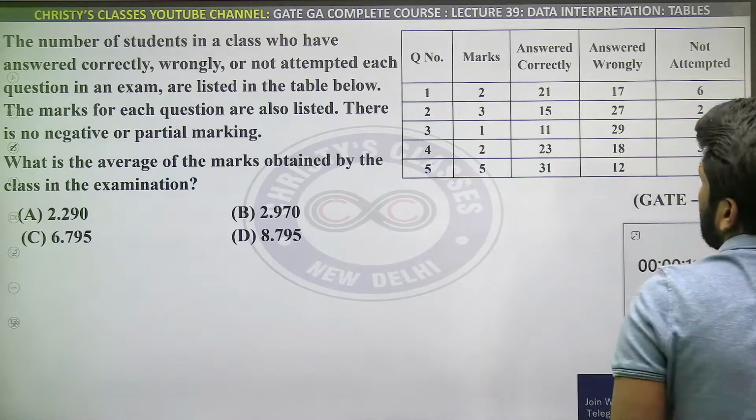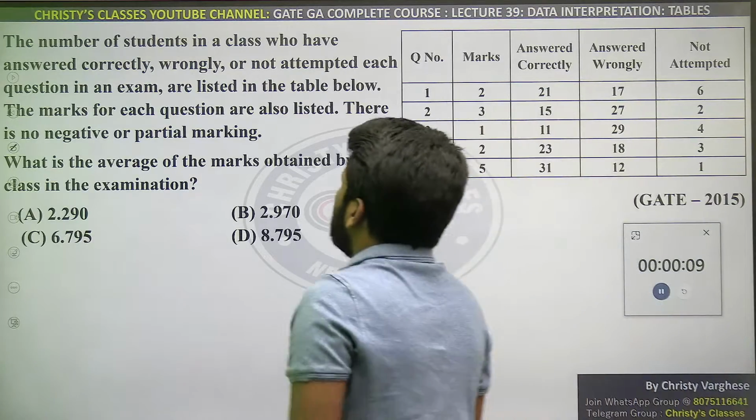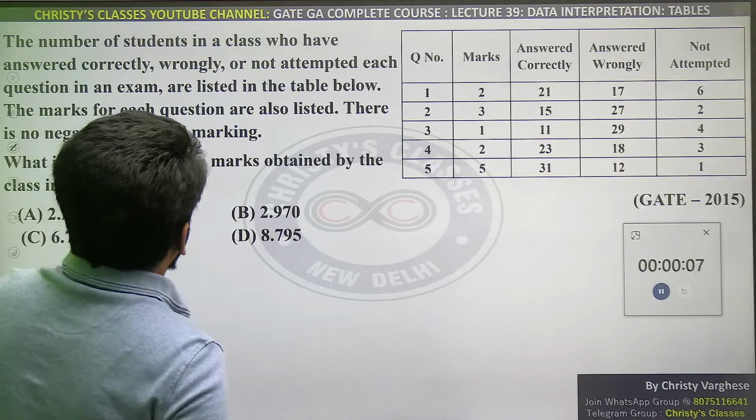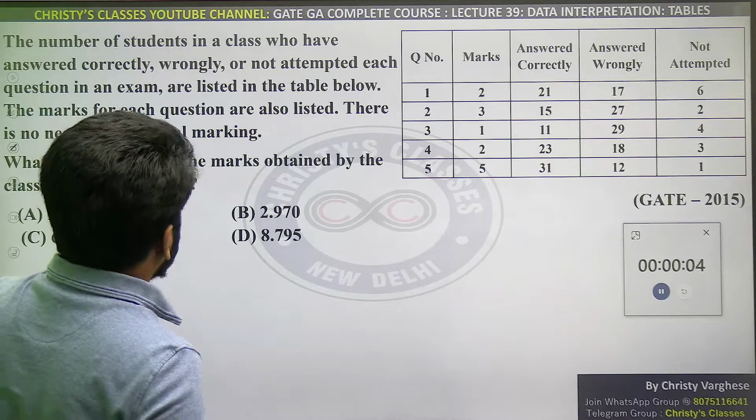So I'll explain. The number of students in a class who have answered correctly, wrongly or not attempted each question in an exam are listed.